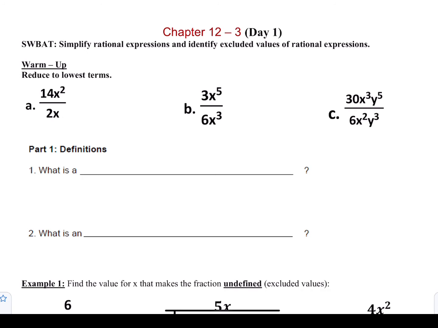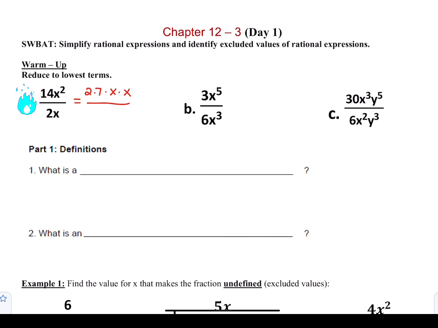Alright, so we'll begin with the 14x squared over 2x. The first way we could look at this is to break down all the pieces and see what will cancel. So we might start out by breaking down 14 as 2 times 7 and x squared as x times x.